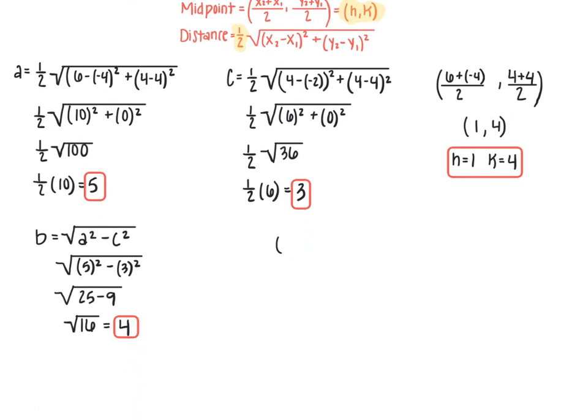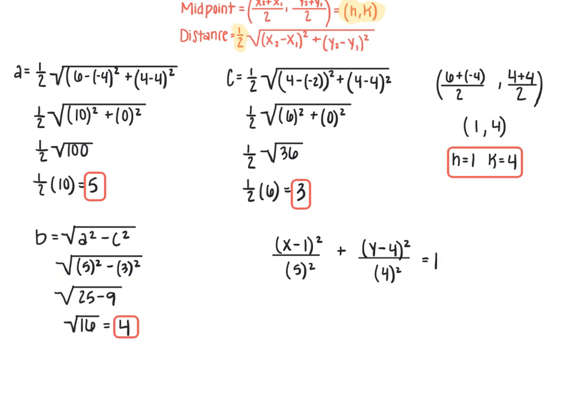I have x minus 1 squared plus y minus 4 squared. X is going to be divided by a squared, which is 5 squared, and y is going to be divided by b squared, which is 4 squared, and this all equals 1.